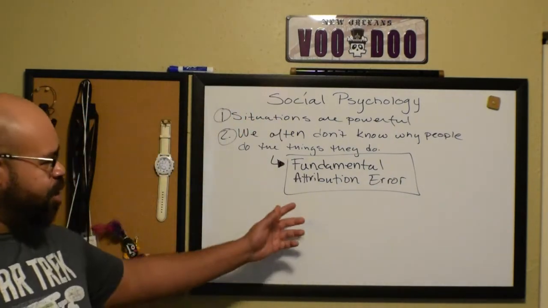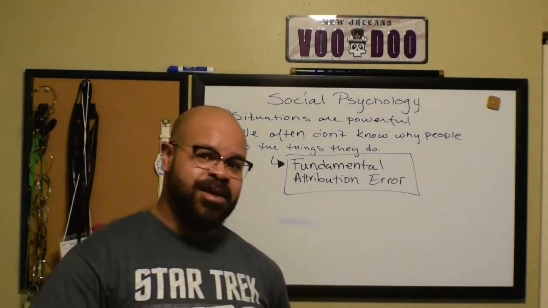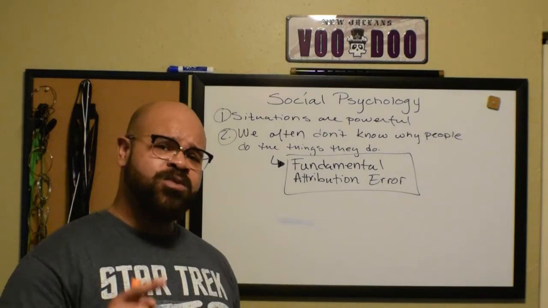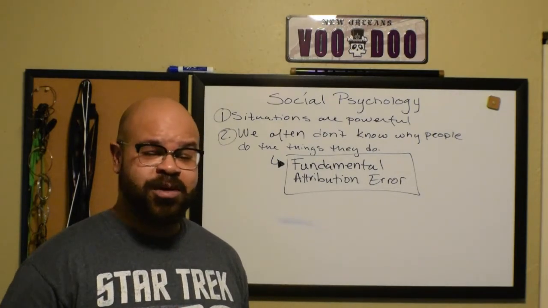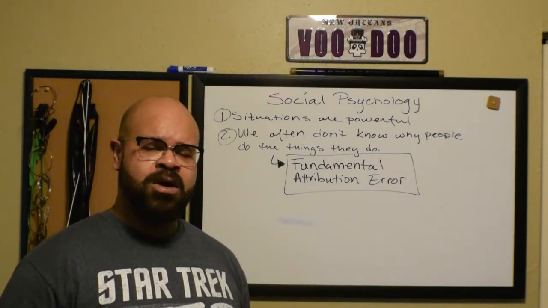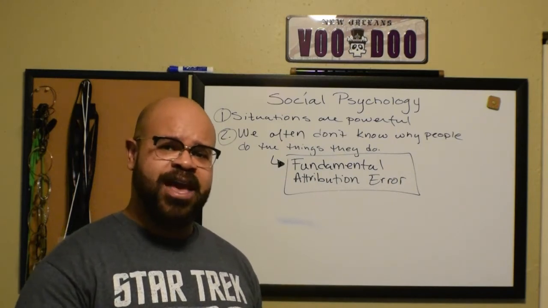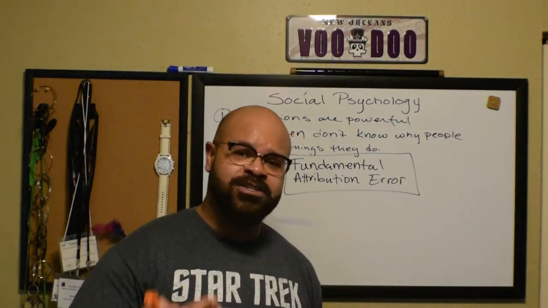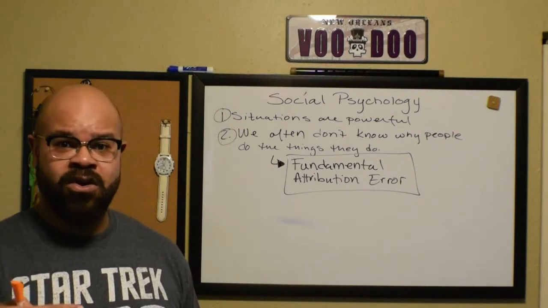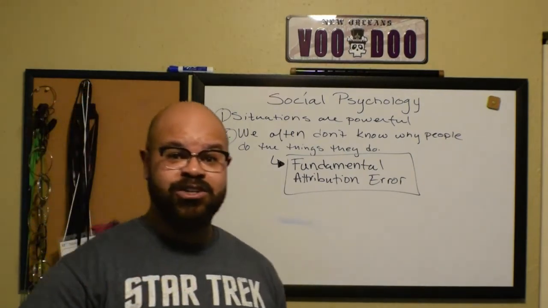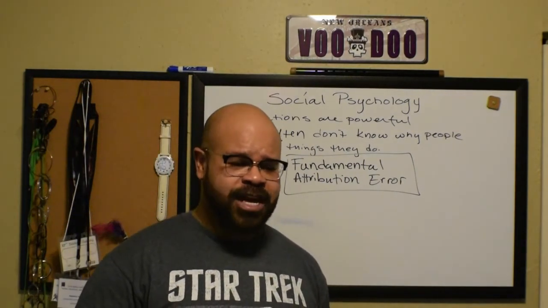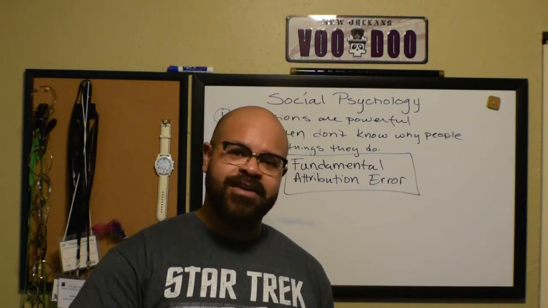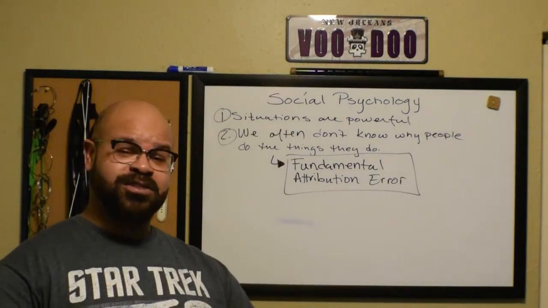And so the fundamental attribution error says, and you may have gotten the hint here, that when we see a person doing something, especially a person we don't know, we tend to attribute their behavior almost entirely to their own self, their own psychology, their own individual practices, right? That is to say, we rarely, if ever, regard the situation that they're in.